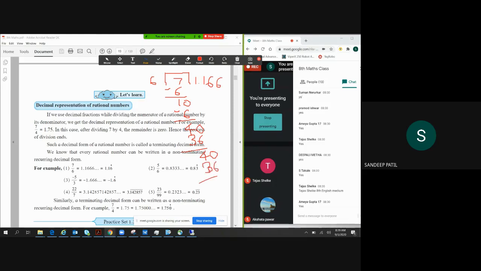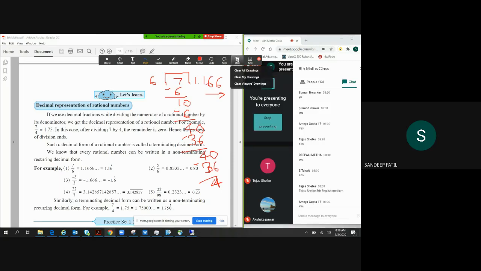So we know that it will keep continuing, and this number also keeps continuing. So there is no limit for such types of numbers, and these numbers are called non-terminating decimal form.